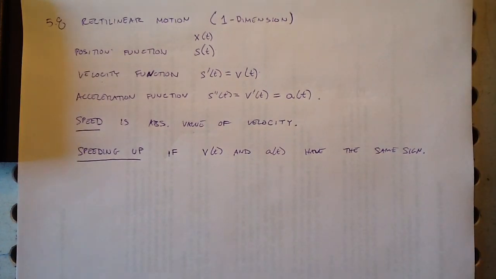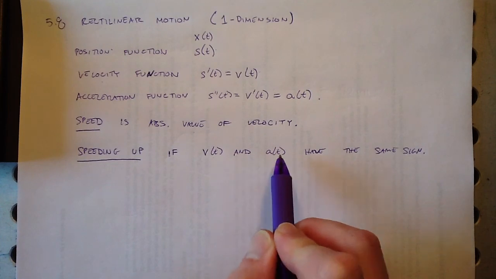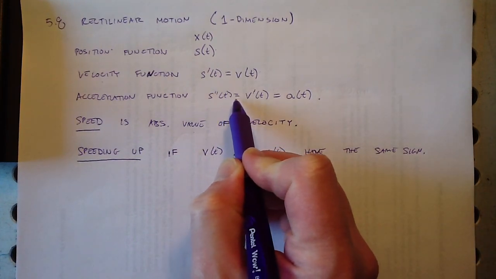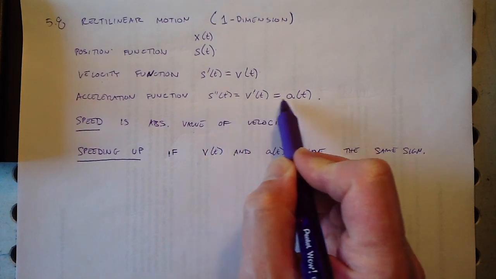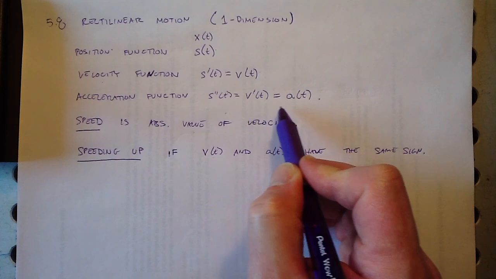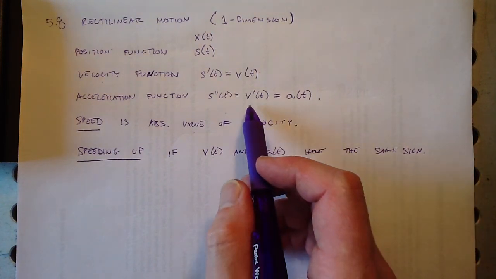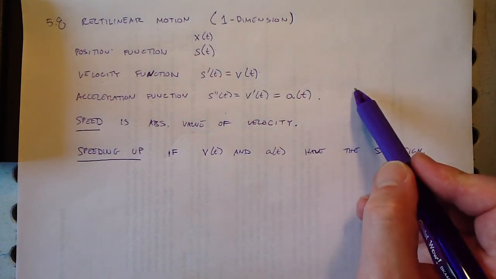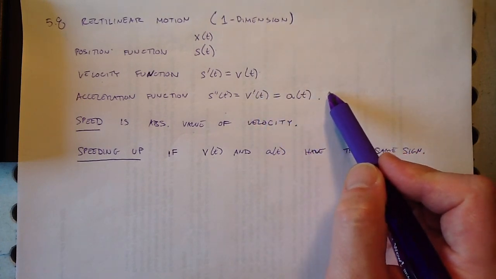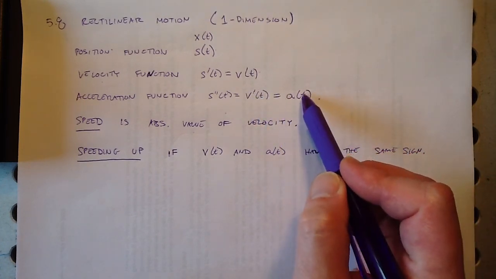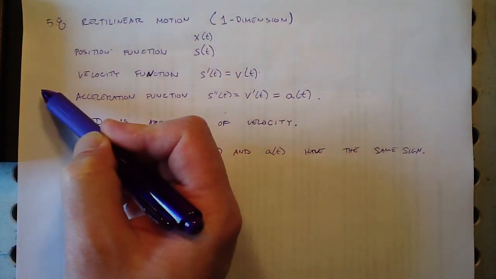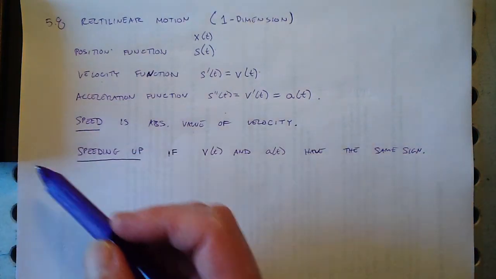If they're both positive, that means you're going this way and your acceleration is how much you're adding to your velocity. So it would appear that you're getting faster and faster that way. But if they're both negative, it means you're moving in this direction to the left, and since acceleration is negative, you're subtracting from your velocity, which makes the absolute value of it get bigger in the negative direction.